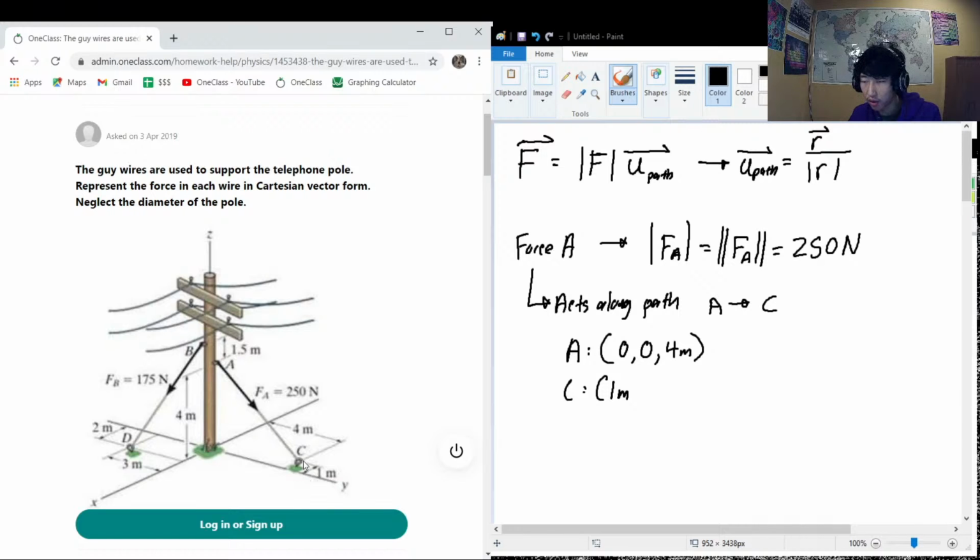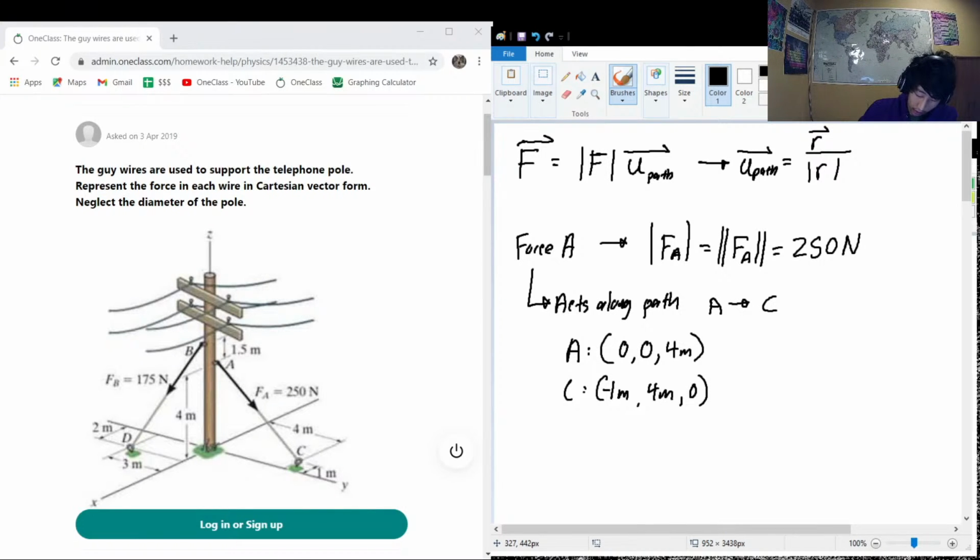I also show that the x component is negative 1 meter. Oh, that's another big thing, negative 1 meter. The y component, it is 4 meters away from the x-axis. That's 4 meters for this. And its z component, well, it's on the ground, so its z component has got to be 0.